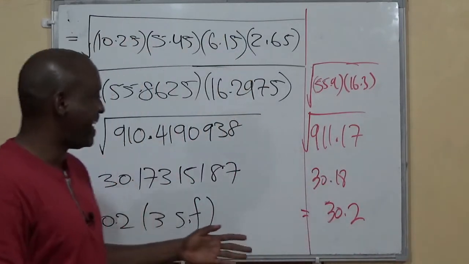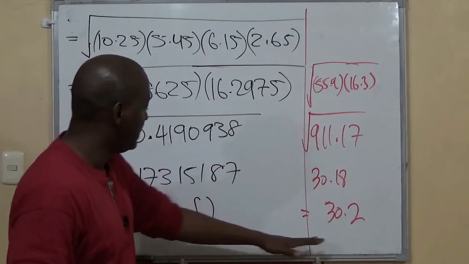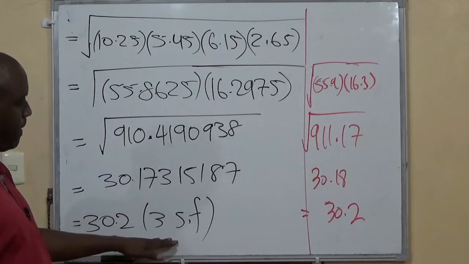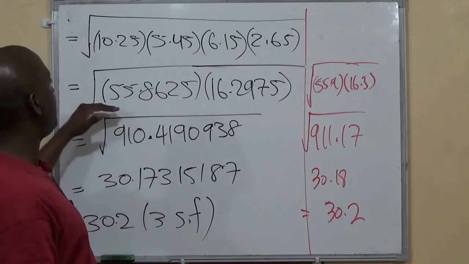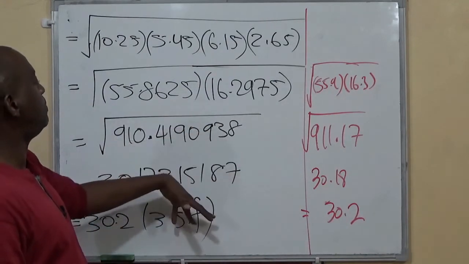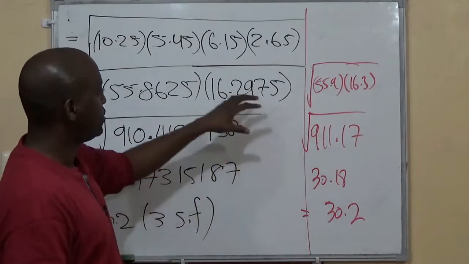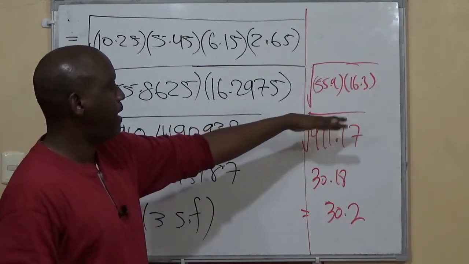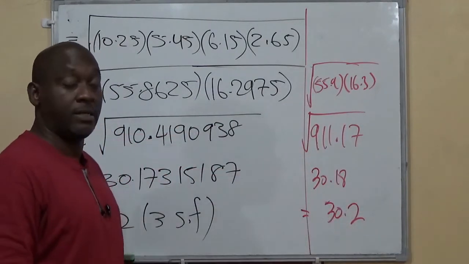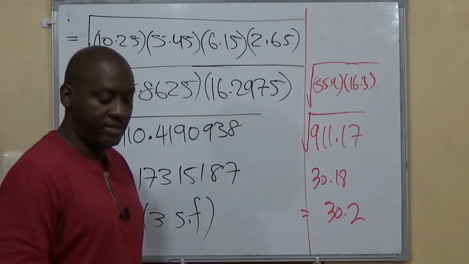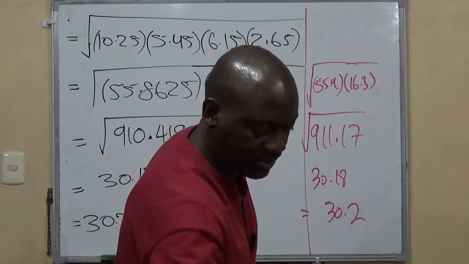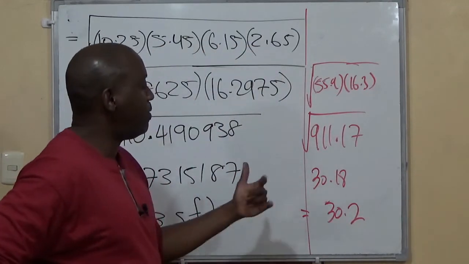So you do this one and you get the same 30.2 that you get here. And because of that, you tell yourself, anytime I have a question where I have all of this to do, I will shorten it up here and get whatever I get. That, my friends, is a mistake. Do not assume that it will always work out like this.